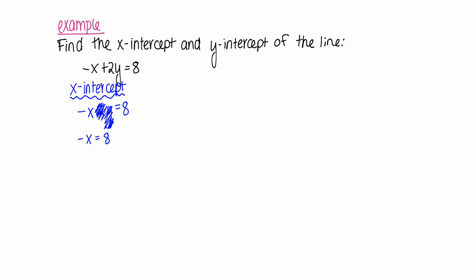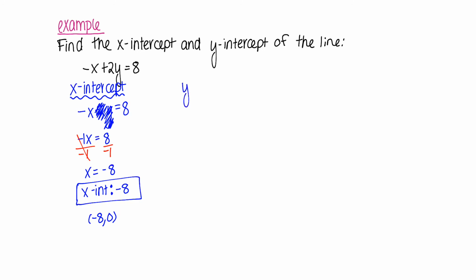To get x by itself, technically you could look at that as negative 1x, and then you would divide both sides by negative 1. So x is equal to 8 over negative 1, which is negative 8. So the x-intercept here is negative 8. The point itself is negative 8, 0.